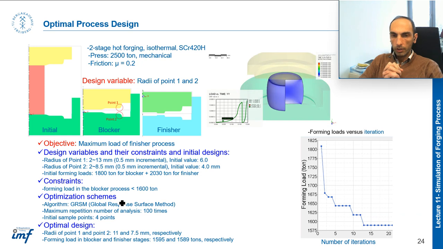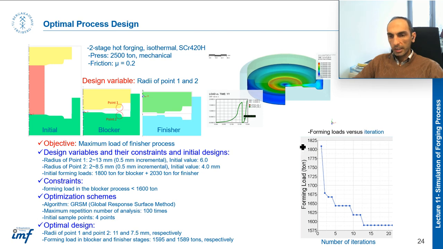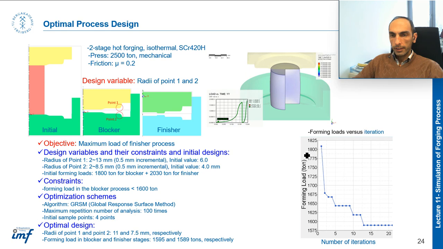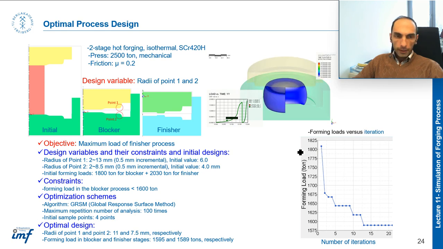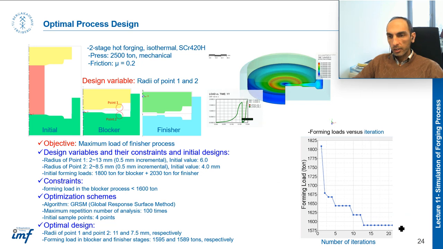So what is the optimization scheme? Optimization schemes are mathematical methods which suggest some values to reduce the trial and error to obtain the minimum, based on the logic they have.